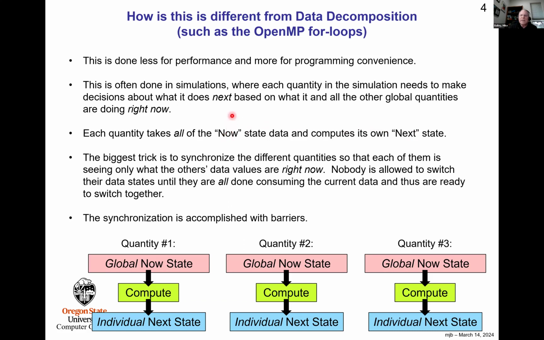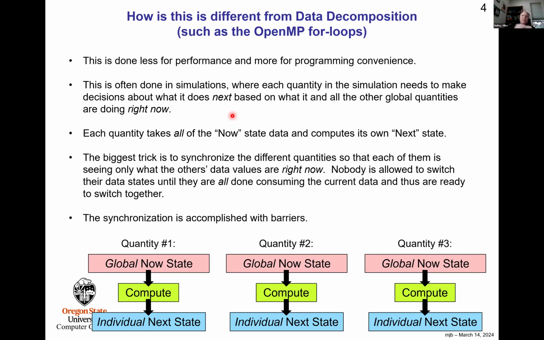Now the trick is you need to synchronize these quantities, right? Yes, they're all going to look at the state, but they're all going to compute their next state at different times. The scheduler is unpredictable. And so, yes, the bear may figure out their next state long before the deer do, just because of the scheduler.